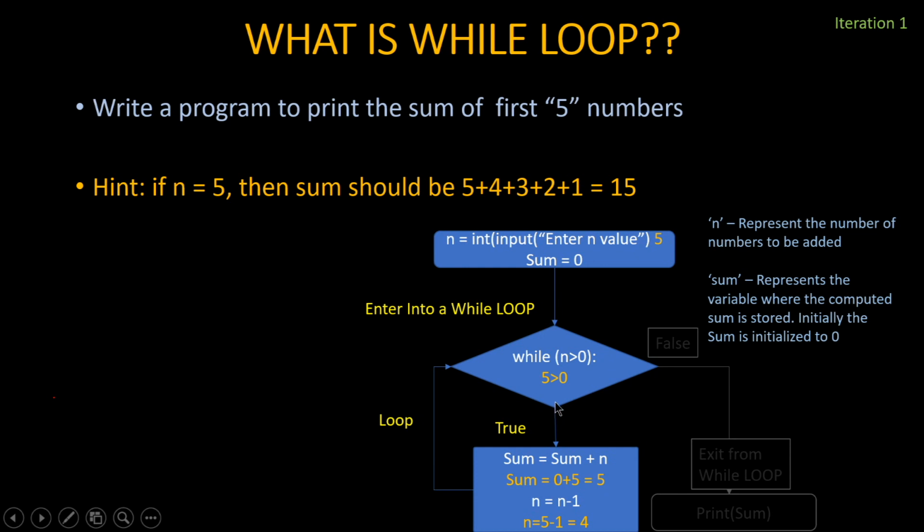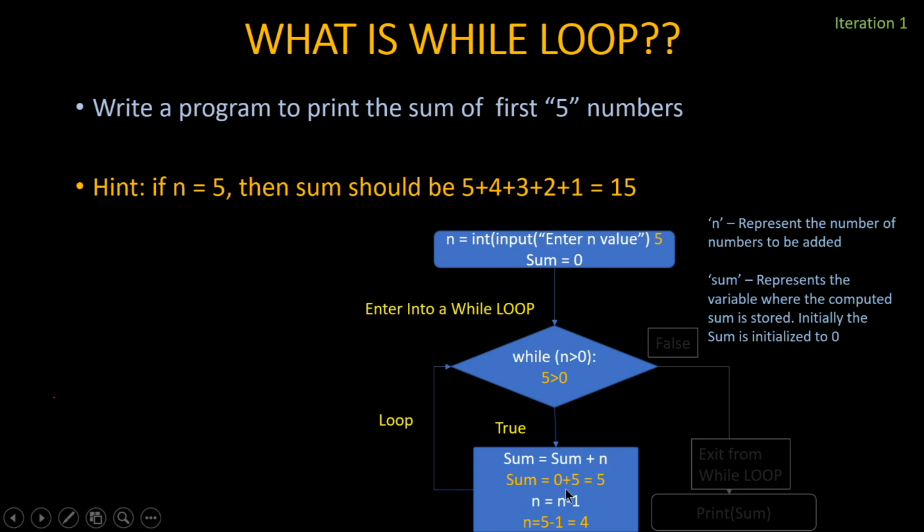So what is the value of n? It's 5, right? Is 5 greater than 0? Yes, it is. So here we have this statement which says sum is equal to sum plus n. What is the value of sum? We have initialized the value of sum to 0, right? So sum is equal to 0 plus, and what is the value of n?